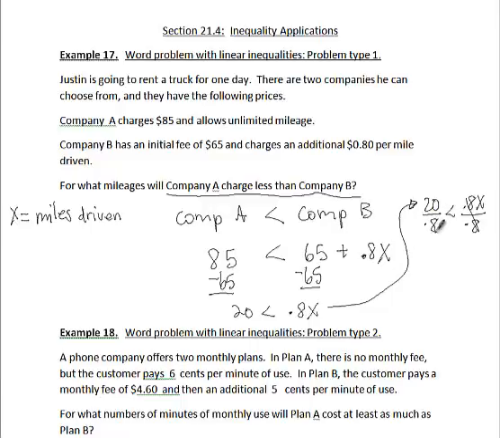What do we get here? 20 divided by 0.8. We get 25. So if I drive more than 25 miles, then I should go with Company A. If I drive less than 25 miles, then I should go with Company B.